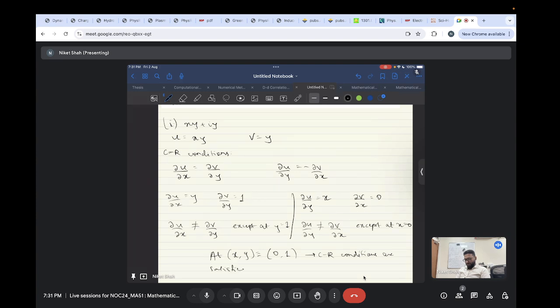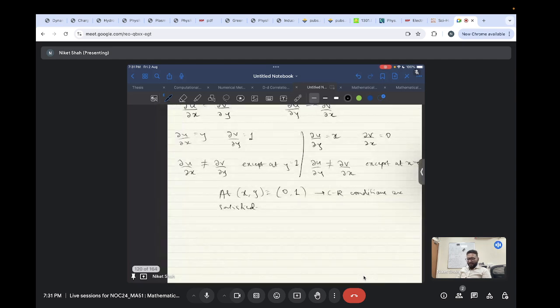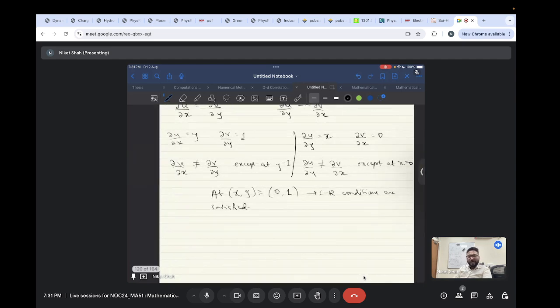The idea is that you can see that at this point, the Cauchy-Riemann conditions are being satisfied. But when we define an analytic function, we always mention that the function should be differentiable. So CR conditions give you mainly differentiability. But for an analytic function, there is an additional requirement: if we are saying that it's analytic at a particular point x0 comma y0, then the function should be differentiable in a small region around that point, not at just that point. Here clearly CR conditions are satisfied exactly at 0 comma 1 only, but nowhere else.